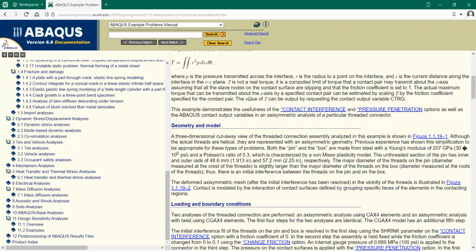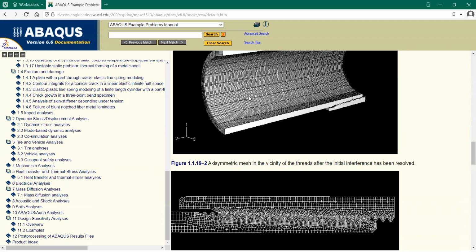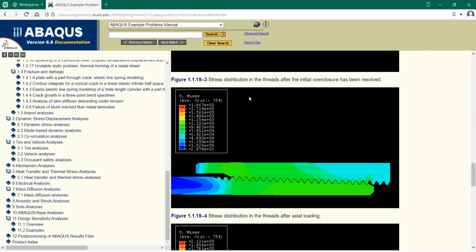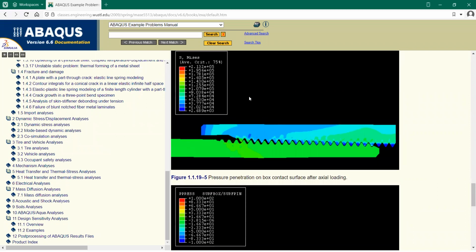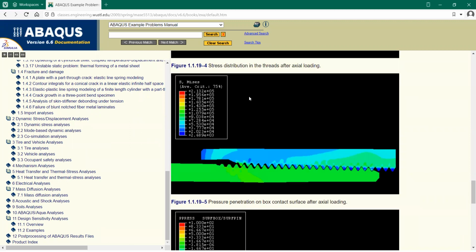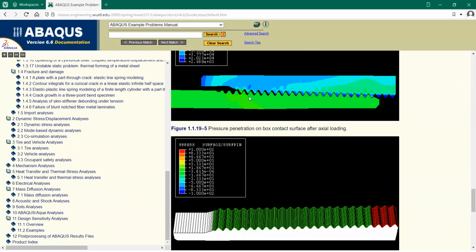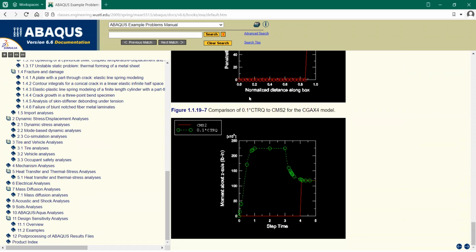Let's look into this. There is a pin and a box. So this is a stress distribution. The threads after axial loading, pressure penetration on box contact surface after axial loading.